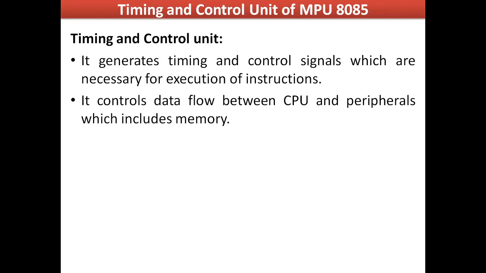So whenever the microprocessor encounters an operational code, it decodes the operational code out of 56 possible operational codes, and it activates that particular circuit which is meant for that particular instruction and generates all the related control signals which are necessary for the execution of the instruction.